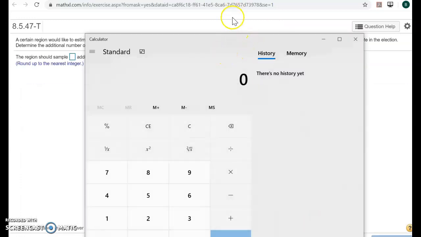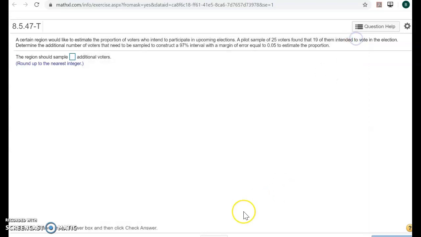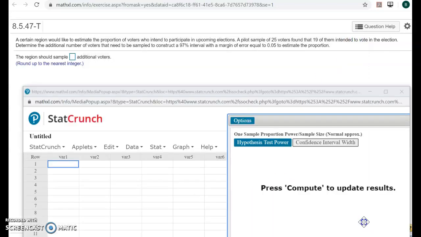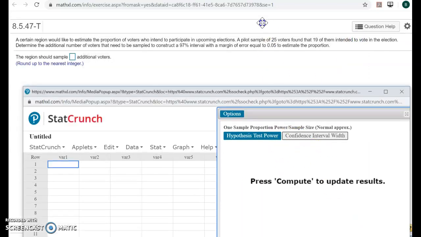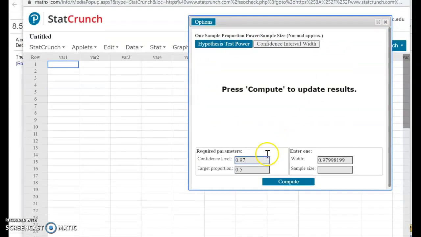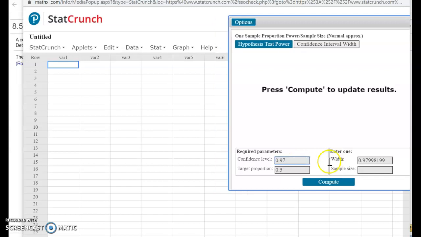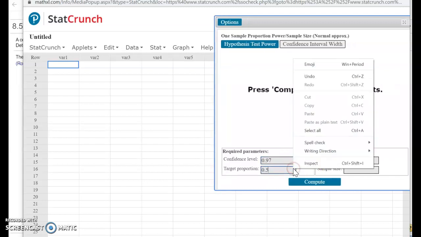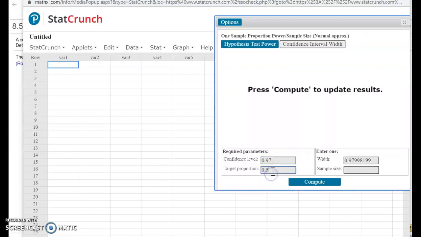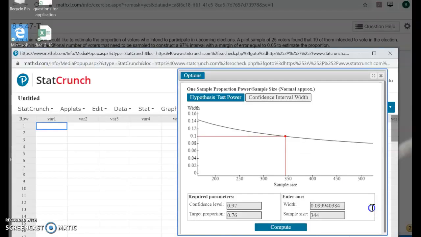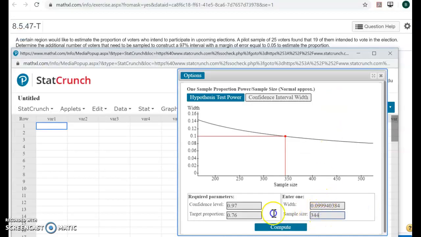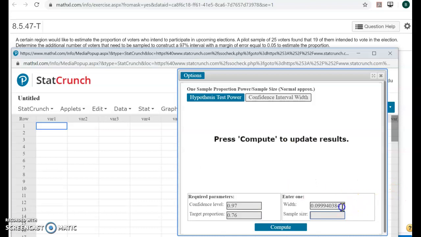So we need to do 19 divided by 25, which is 0.76. So let me move this up. Our target proportion is 0.76. Okay, so we said our target proportion is 0.76.